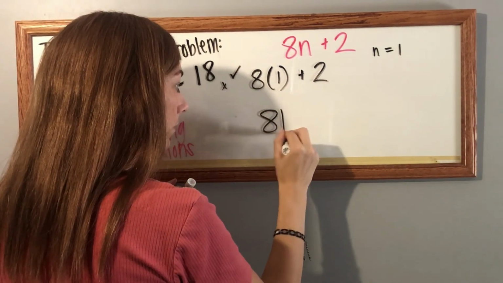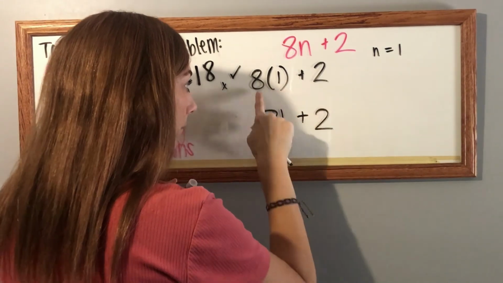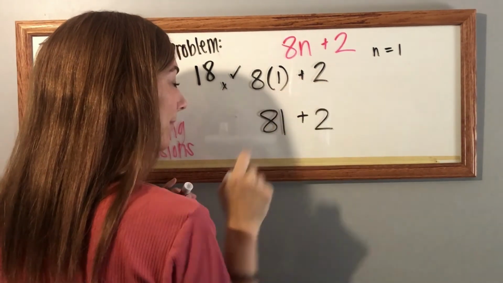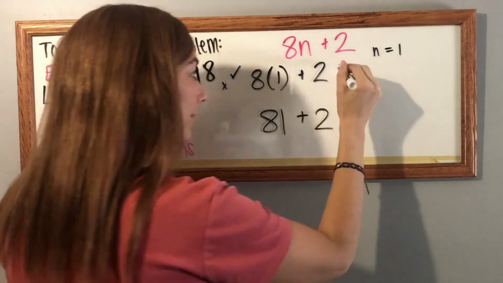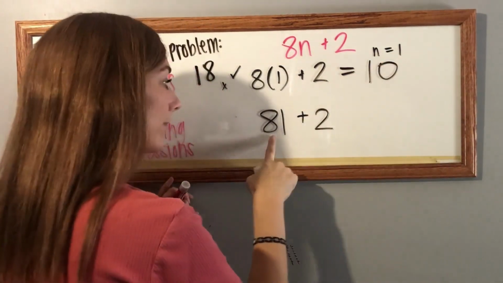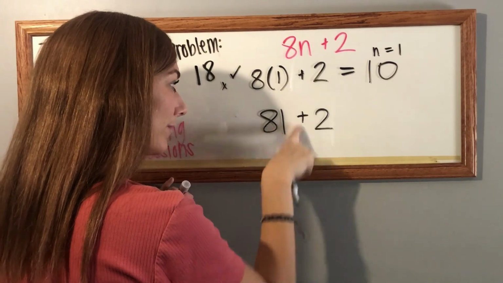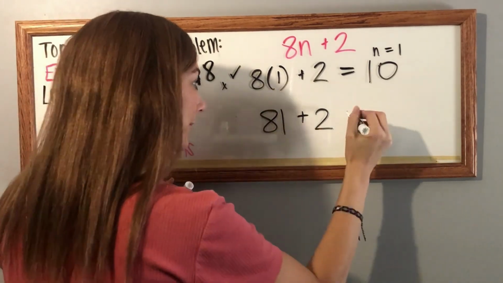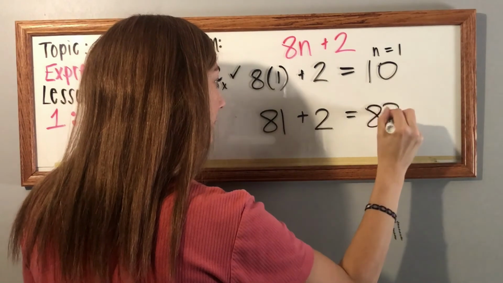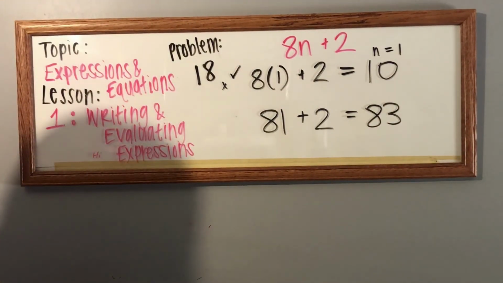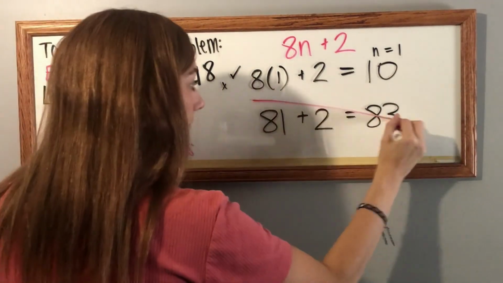So instead of his problem being 8 times 1 plus 2, to give him a final answer of 10, Brian did 8 and just plugged in his number 1, so he has 81 plus 2, and that's how he got his final answer of 83.